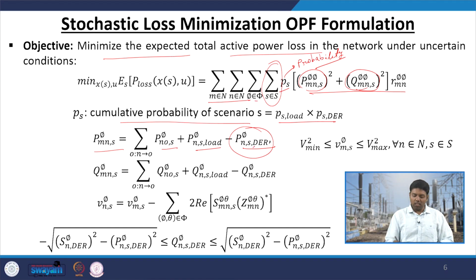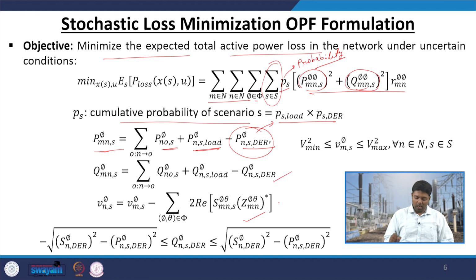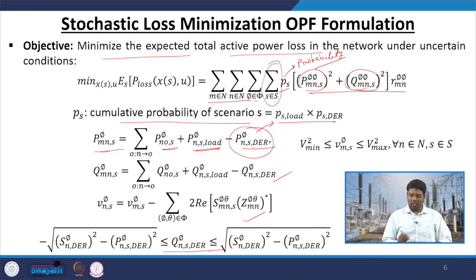Because of these scenarios, your loading and power flow scenarios also change. Same for reactive power and voltage. Even the reactive power support from your smart DER inverters is changing, and your voltage constraint is also imposed with the scenarios. So, this is the overall architecture for your stochastic OPF.